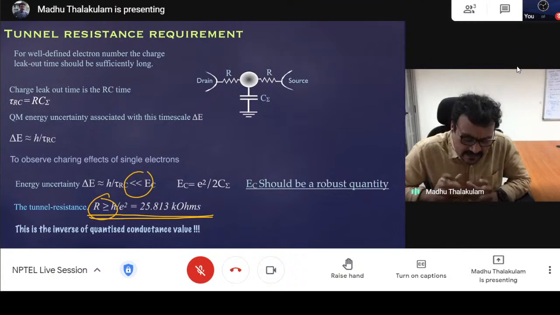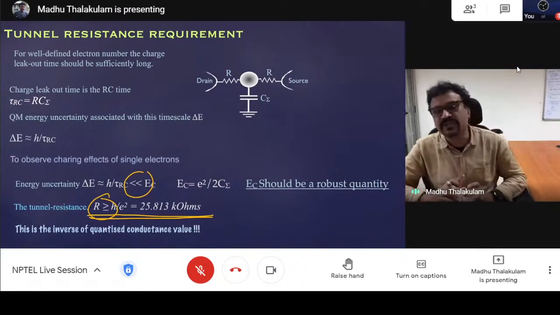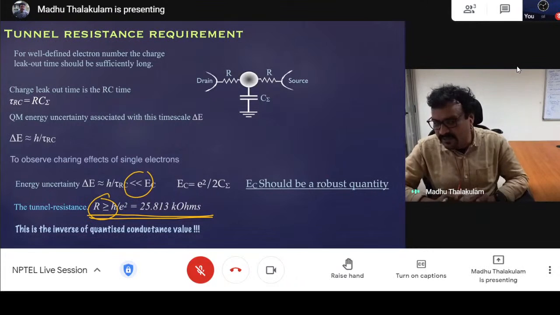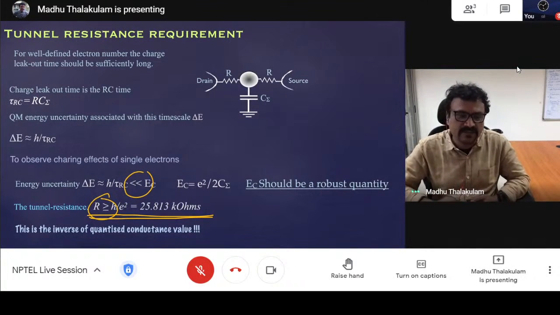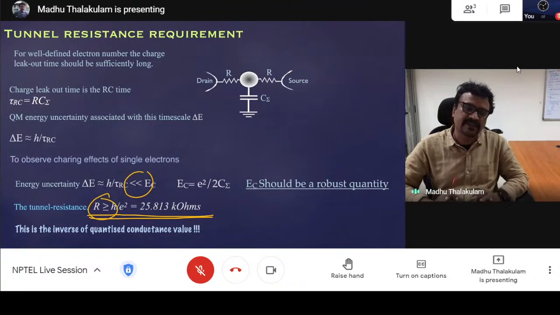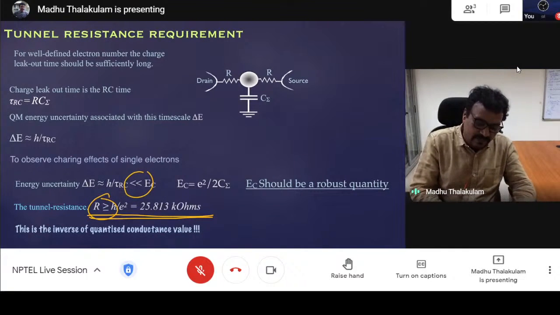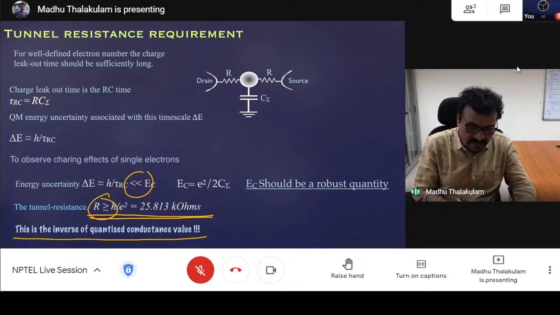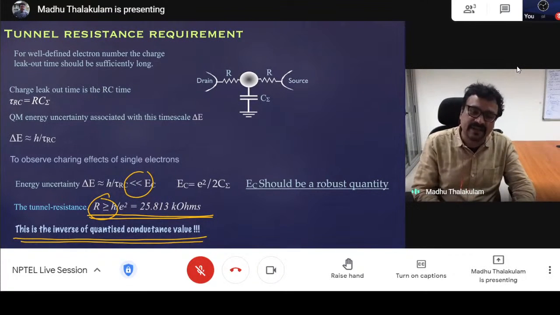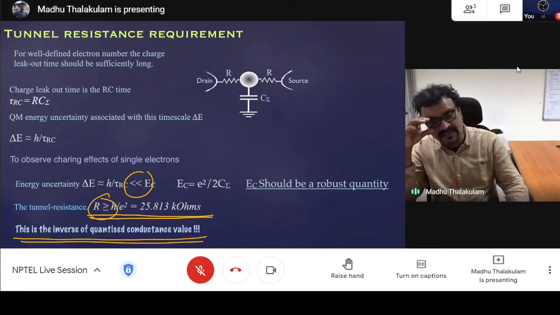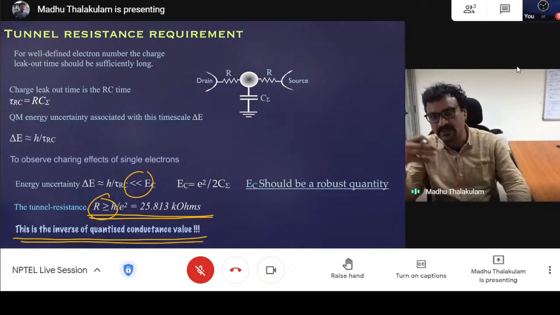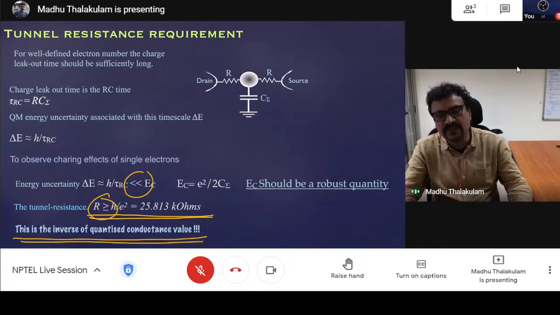And this is kind of a magical thing. You have not used any sophisticated or rigorous derivations in this case. You simply applied the quantum mechanical uncertainty relation and you got a number which is equivalent to the reciprocal of the quantized conductance value, the quantum mechanical limit of the resistance. This is the same number that you have seen in the quantum Hall effect or in quantum point contacts.